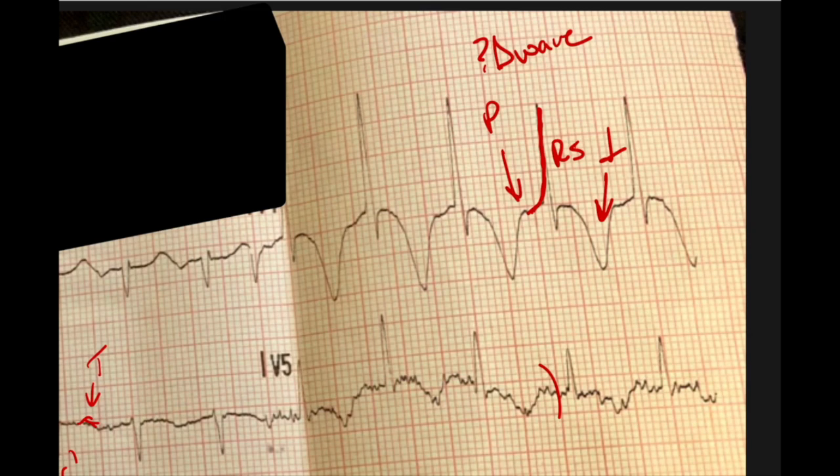And these T wave inversions, if we look at the baseline and go to the peak, is just about 10 millimeters. So 10 millimeters in the precordial leads for a male is right at the cusp of definitely being pathological, and it's 2 millimeters greater than what we would consider a pathological finding for a female.